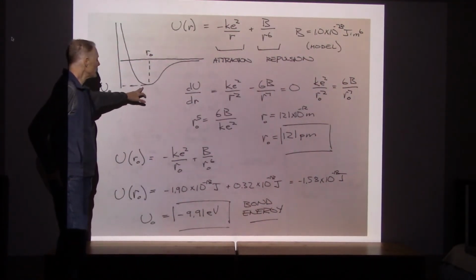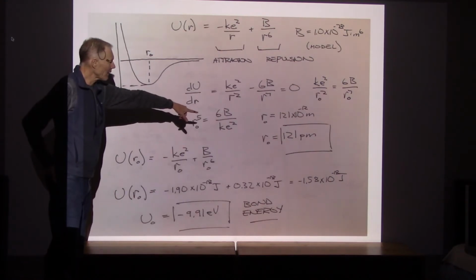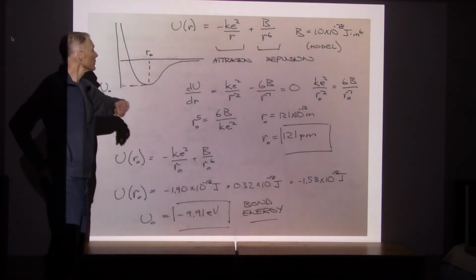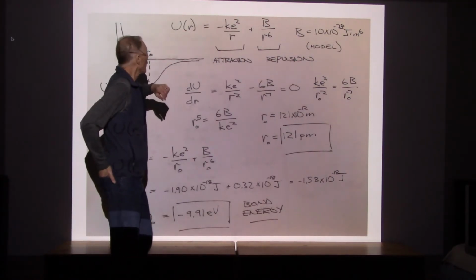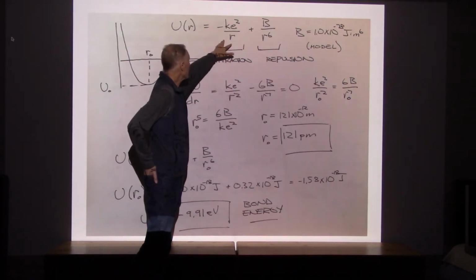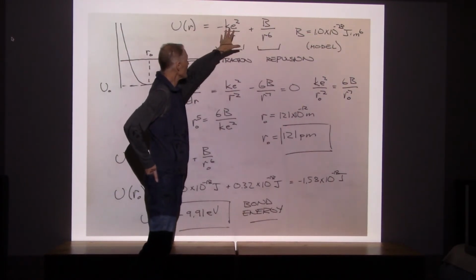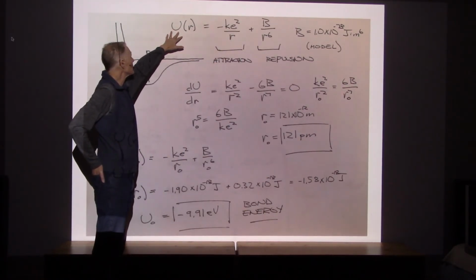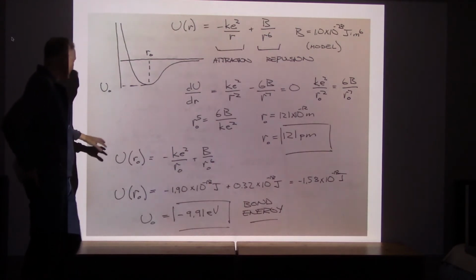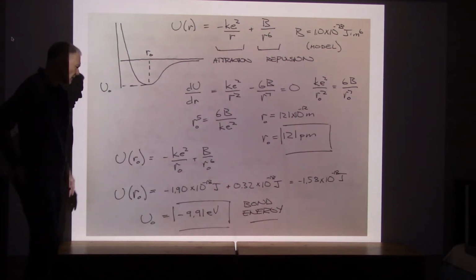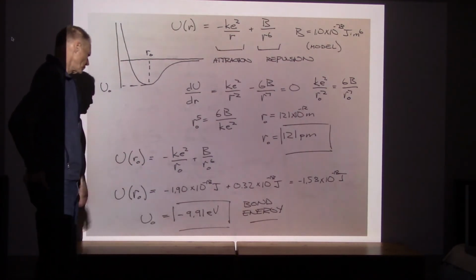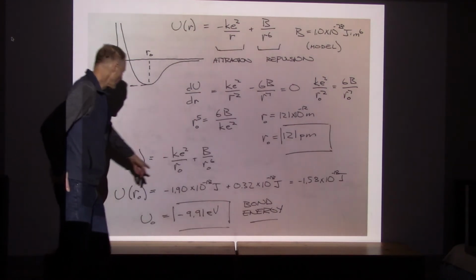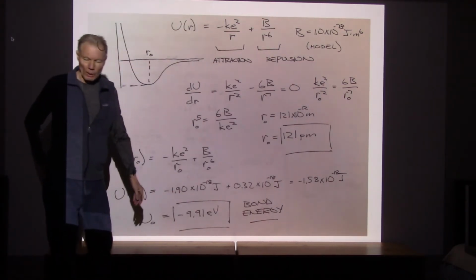The next thing we could do, once we know what the R naught value is that minimizes this function, is take that R naught and put it back in. If I plug that back into the formula, that will tell me at the equilibrium location what the energy is. I plug this in, and as always, check my numbers, but I ended up with minus 9.91 eV.